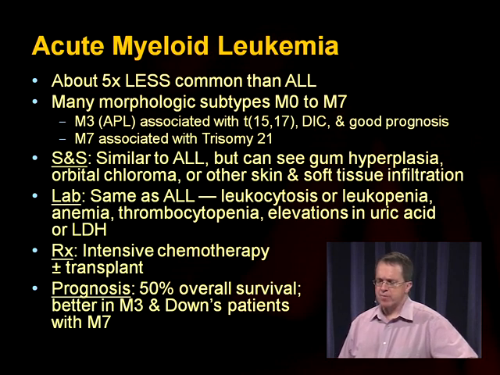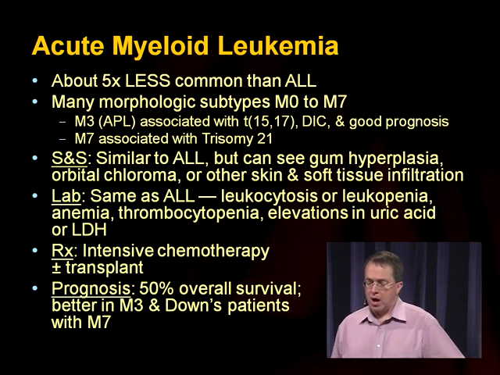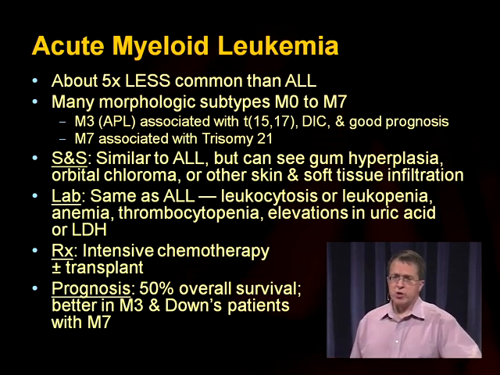Again, you can see some funny presentations, soft tissue infiltration behind the orbit called an orbital chloroma. Treated differently, very intensive chemotherapy, and sometimes these patients go to transplant. The prognosis is not nearly as good as ALL. It's about a 50% overall survival. Better in M3 if you can get them through that first part of therapy, and better in Down syndrome patients with M7.